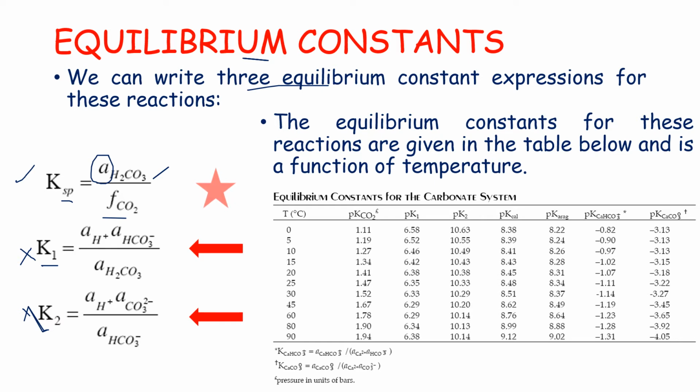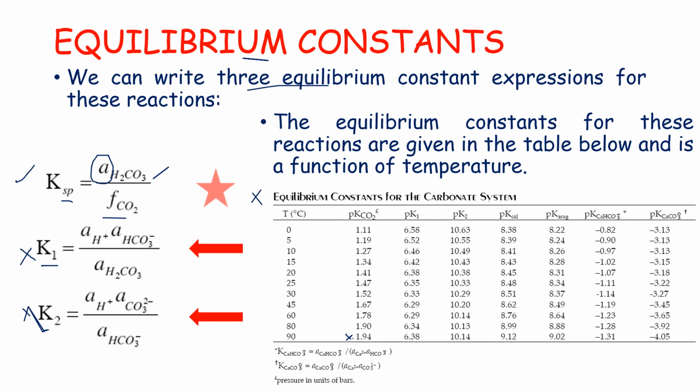So if I were to look at the equilibrium constant for the carbonate system as a function of temperature, here the temperature has been fixed to anywhere from 0 to 90 degrees. You will find that the pK of CO2 changes from 1.1 all the way down to 1.94.